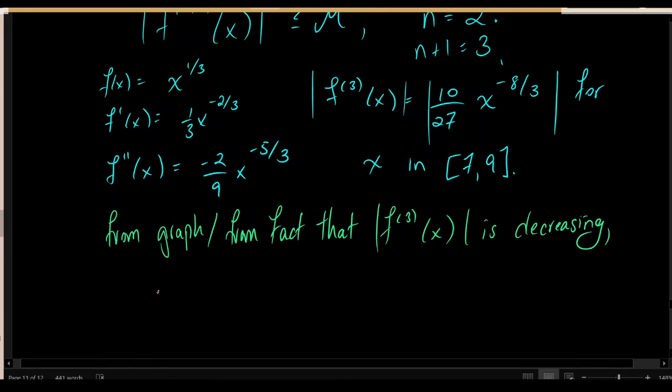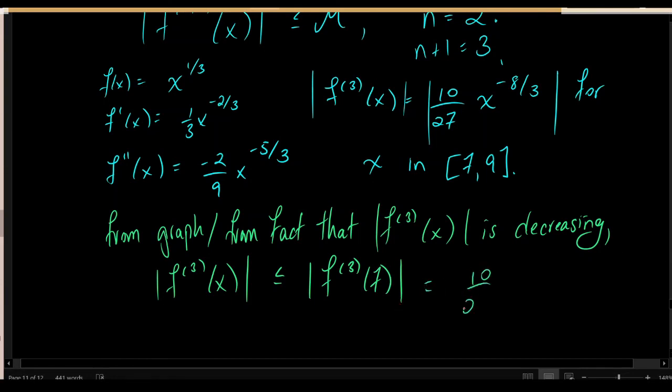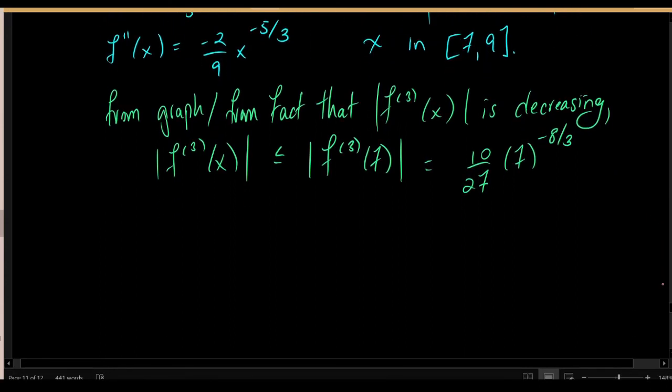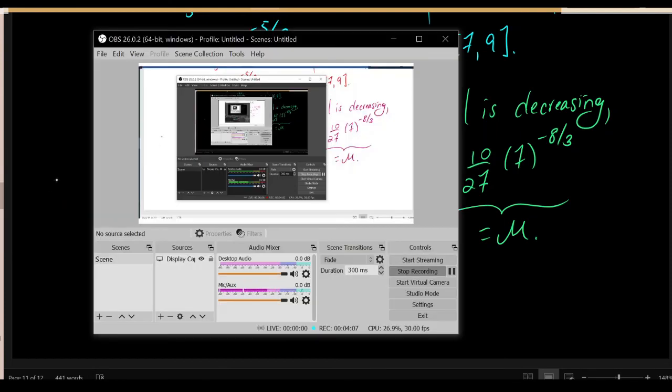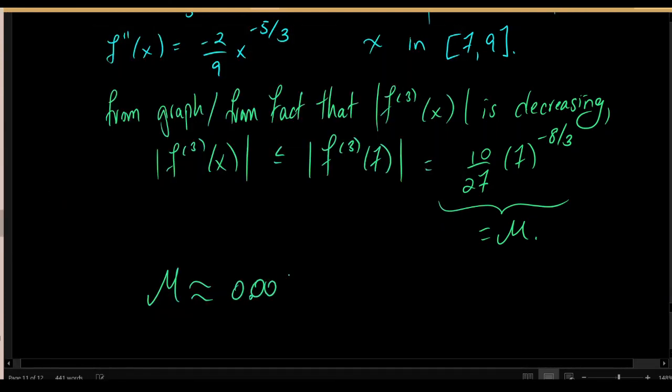The function's value will never exceed what you get when you plug in the smallest possible value of x, namely x equals 7. So that number, 10 over 27 times 7 to the power negative 8 over 3, is the value of m for this particular function. Now that is quite cumbersome, so let's go ahead and get a numerical approximation: 0.00207.